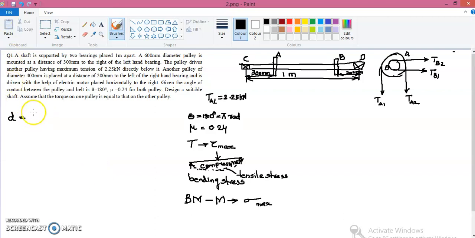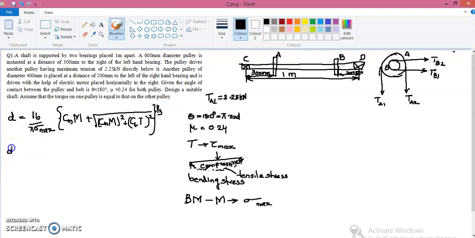The first one, the equation is 16 by pi into sigma max into Cmm plus square root of Cmm the whole square plus Ctt the whole square, the whole thing raised to 1 by 3.